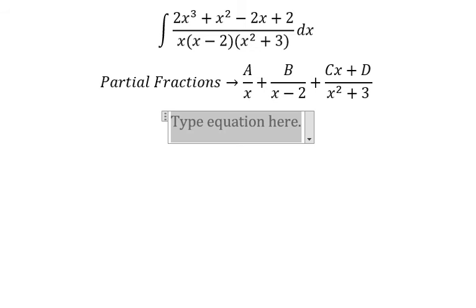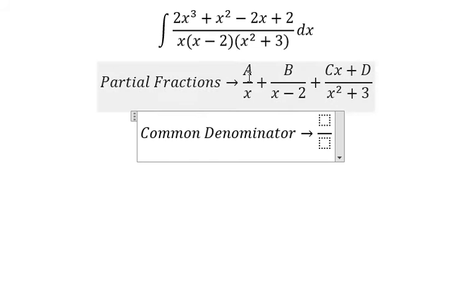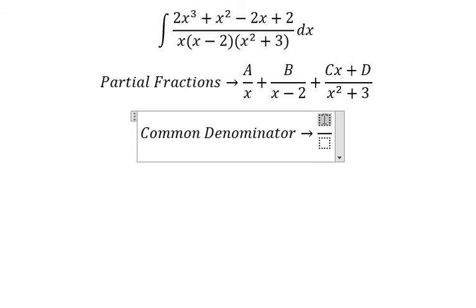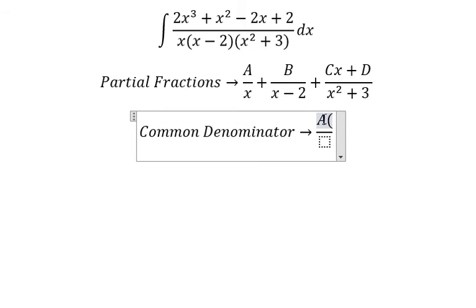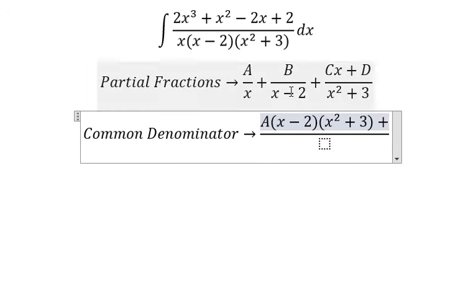Next, we do common denominator. So this one is missing (s minus 2)(s squared plus 3), so capital A multiplied by (s minus 2)(s squared plus 3).